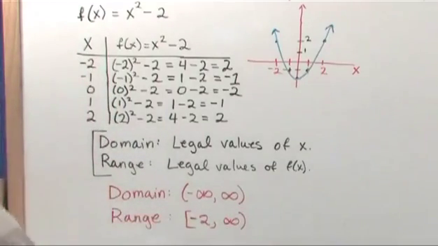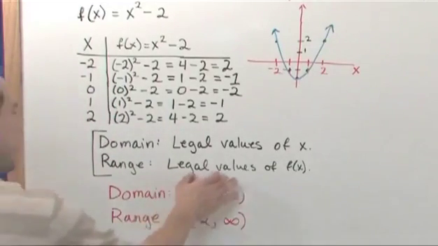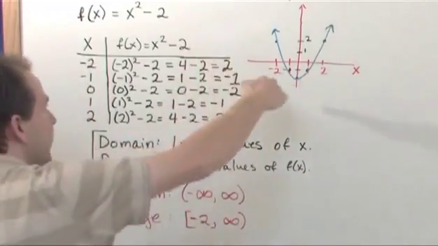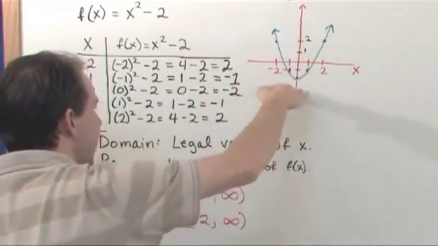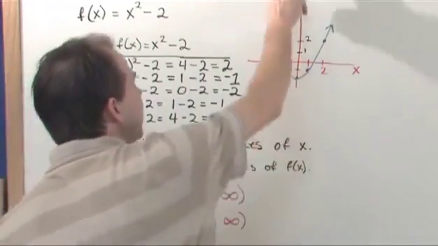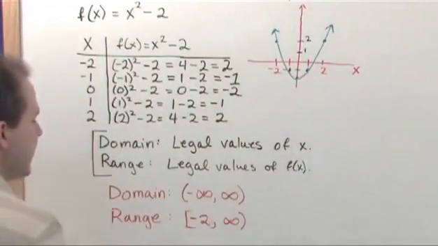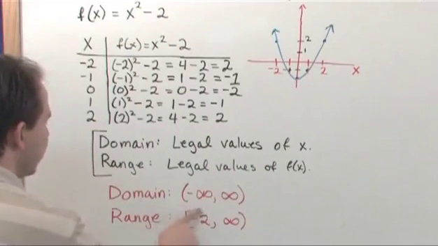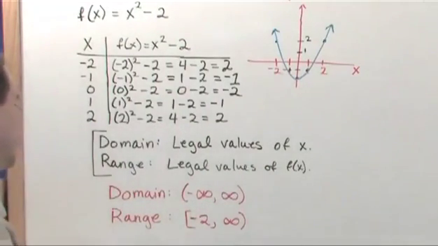Notice what this is saying is these are the legal values of f of x. If I plot the whole function, what's the lowest value it can have? That's -2, we've just shown you that. And the highest value it can have is +infinity because it goes on forever. Now notice I put a square bracket here instead of a parentheses. This is what I was telling you before.